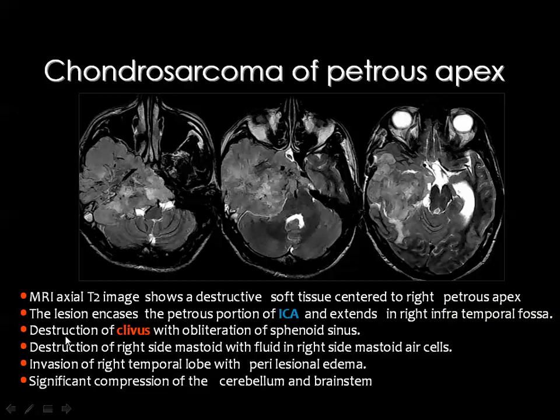There is destruction of the clivus with almost total obliteration of the sphenoid sinus, with destruction of the right mastoid air cells which contain some fluid signal, invasion of the temporal lobe with perilesional edema.